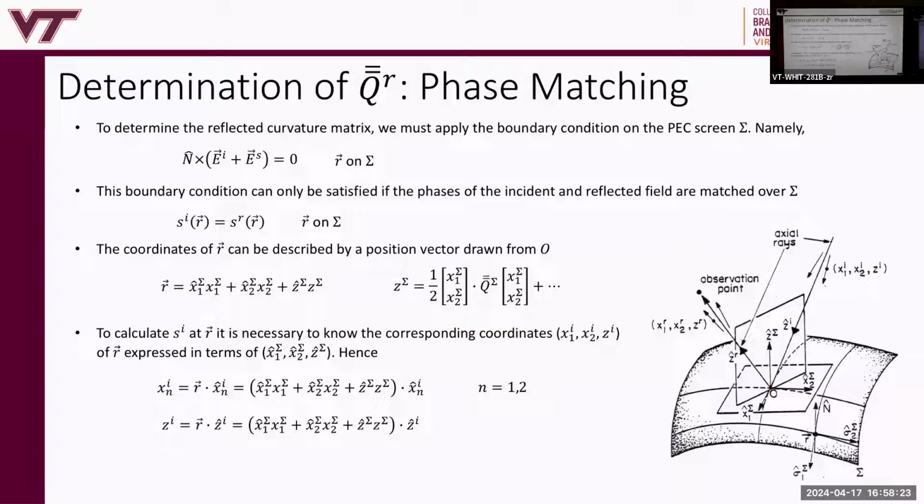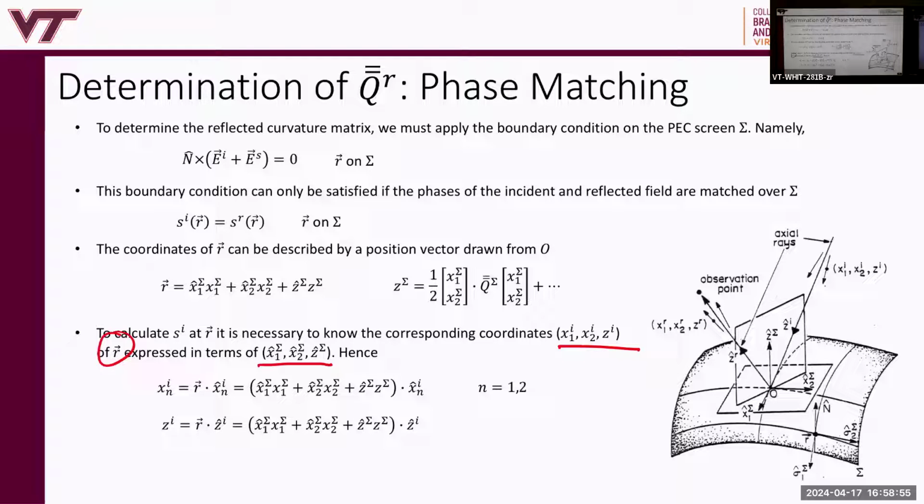To calculate S incident at R, so now we're talking about any point R on this surface, which has this form and this z. At any point, we need to evaluate S incident there, the incident pencil at this point, right? It is necessary to know the corresponding coordinates, x1 incident, x2 incident, z incident of R, expressed in terms of these coordinate vectors, because everything's going to be done in this local coordinate system on the surface.